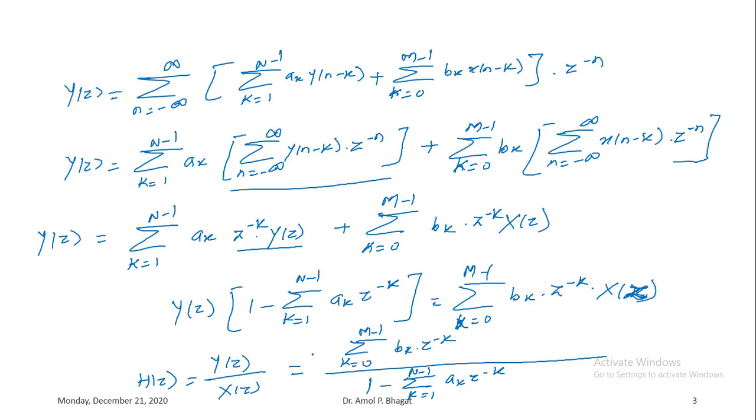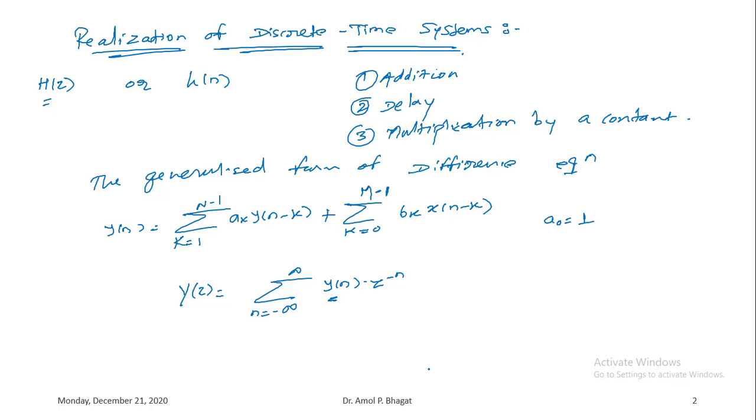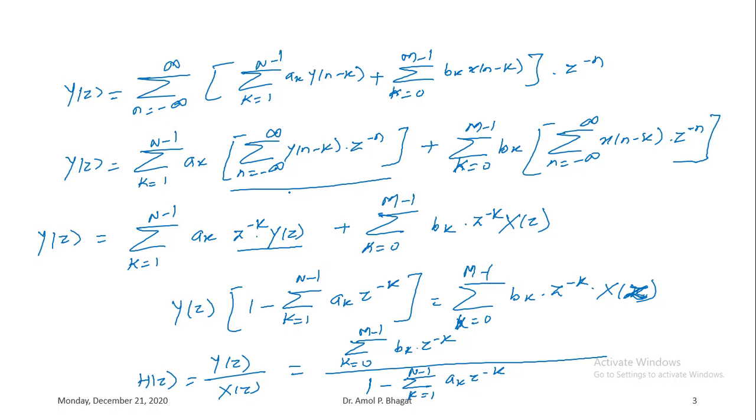So if you observe this equation, what I have mentioned in the previous slide, even in case of the difference equation you have addition operation, you have delay operation, as well as multiplication by constant. Even this can be observed when you have converted this difference equation in the system function form, that is H of z.